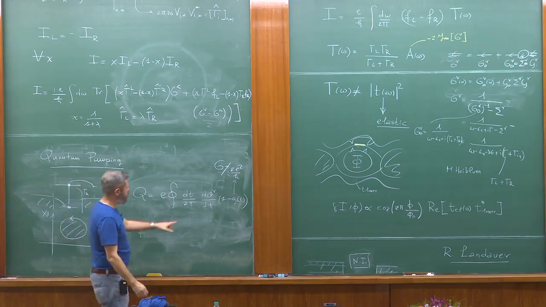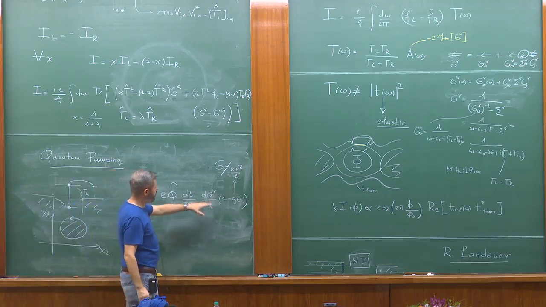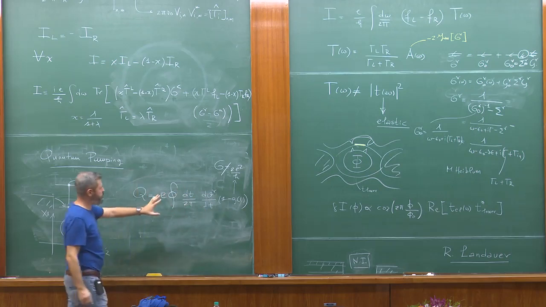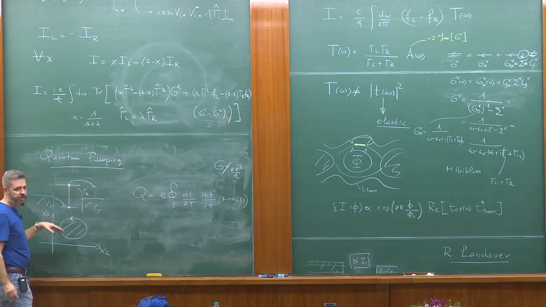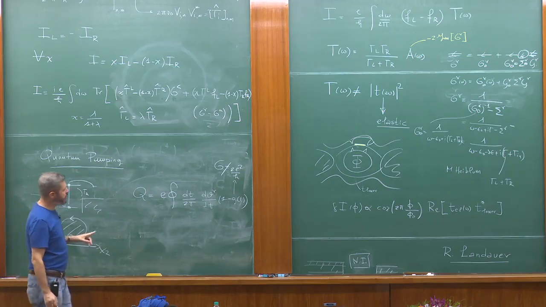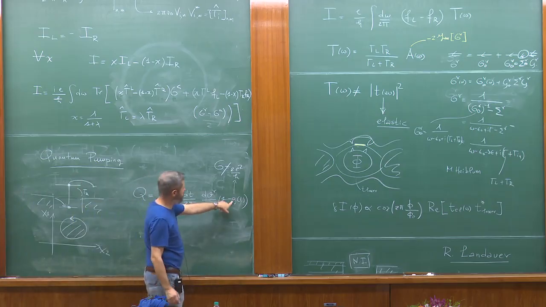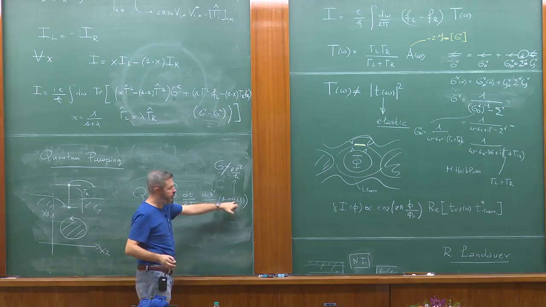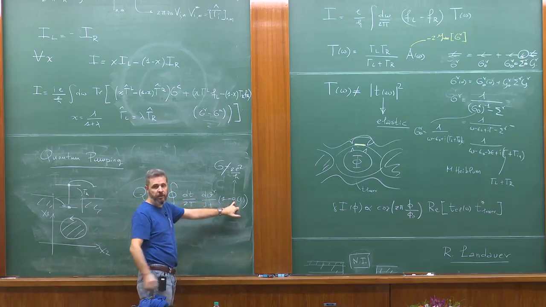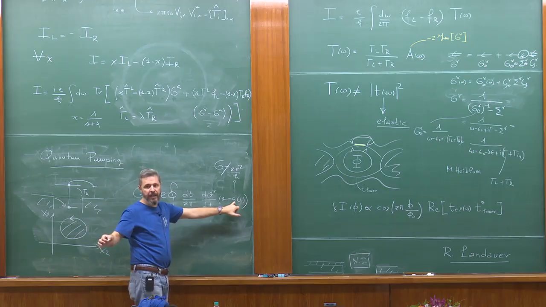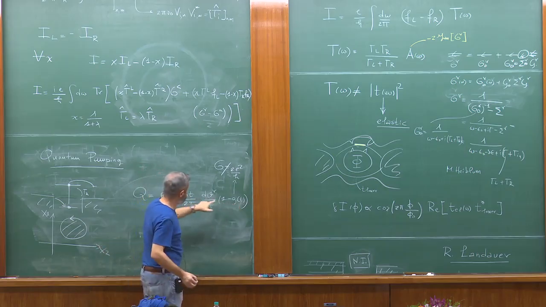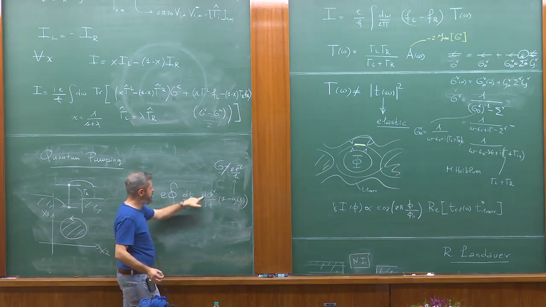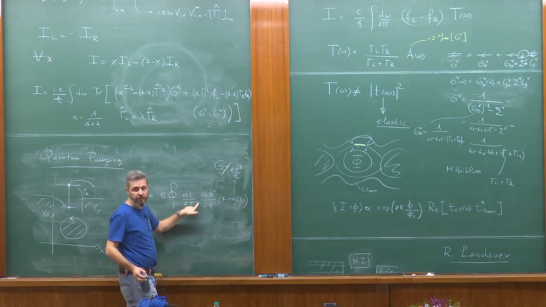All right. So, well, first of all, this formula, perhaps you cannot see it, but it is geometric. It's fully geometric. It's independent of the parameterization of the path. The second nice thing about this formula is that if you are pumping along a cycle in which the dimensionless conductance is equal to 0 at all instants of time, then it is clear that this integral is of a full derivative.